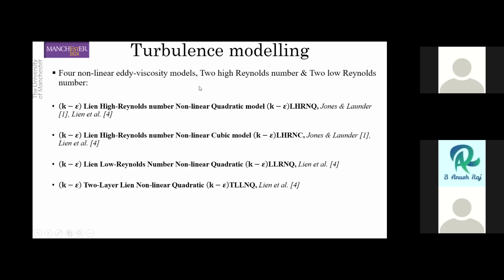Those are the K epsilon Lien high Reynolds number nonlinear quadratic model, and K epsilon Lien high Reynolds number nonlinear cubic model, and K epsilon Lien low Reynolds number nonlinear quadratic model, with the last one here, K epsilon 2-layer Lien nonlinear quadratic model.